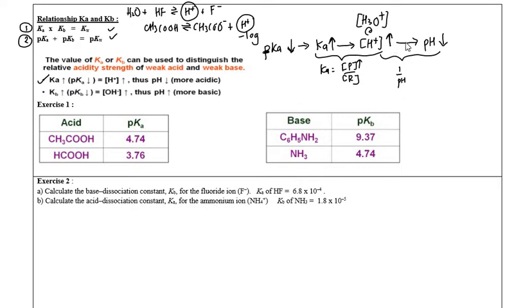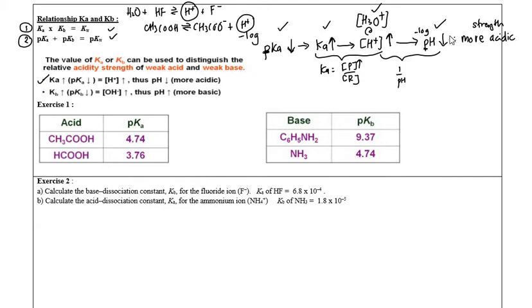Kenapa dia inversely? Sekali lagi, bila ada term P ini, P ini bermaksud negative log. Bila dia compare dengan negative log, automatically hubungannya adalah inversely proportional. So, kalau pH rendah, kita tahu pH rendah menghampiri kosong lah. So, that means dia adalah acid yang very more acidic. Ini relationship antara pKa, Ka, concentration H plus and also pH dan strength.